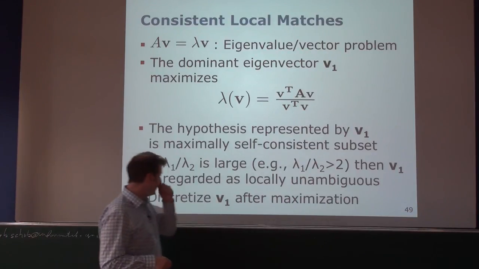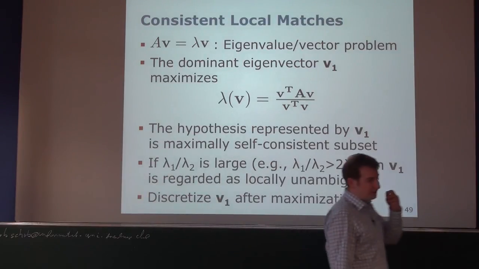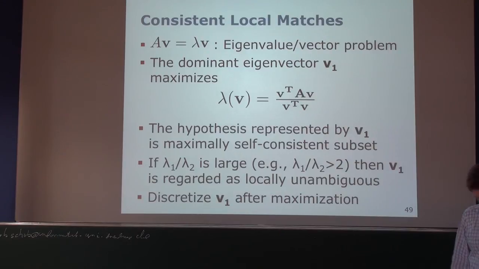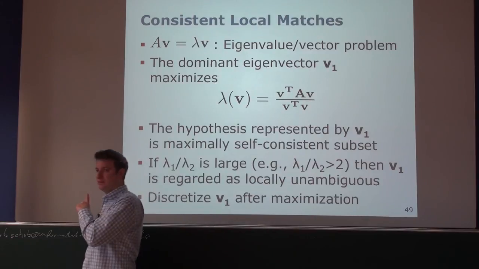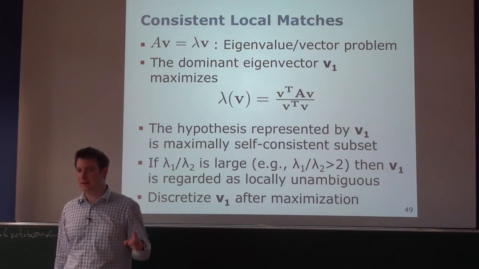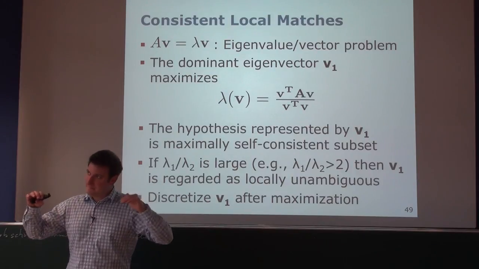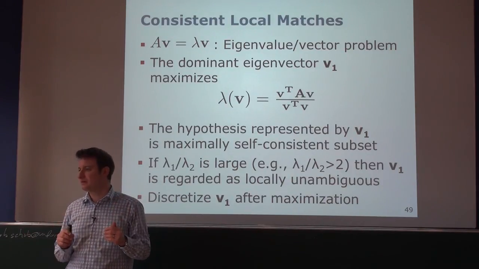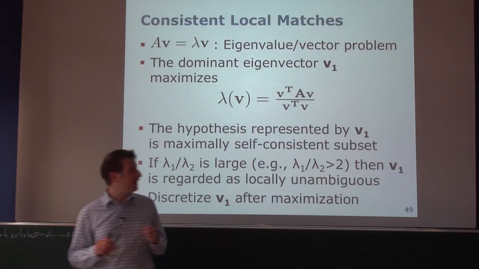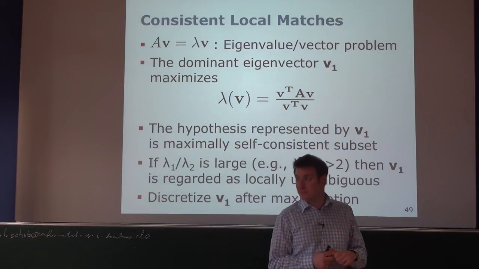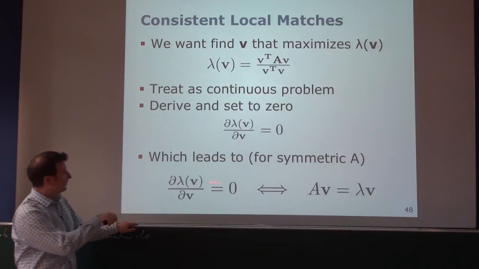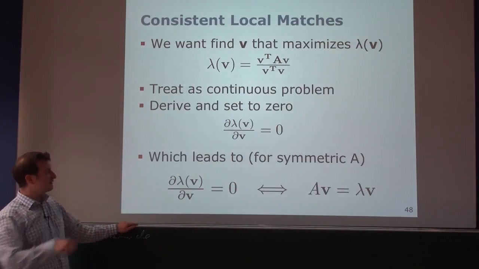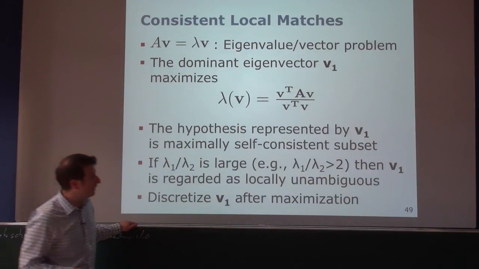The vector v that maximizes the original equation is the maximum consistent subset, or the average maximum consistent subset. If I have multiple solutions for this eigenvalue problem, there are simply multiple maxima in my problem.